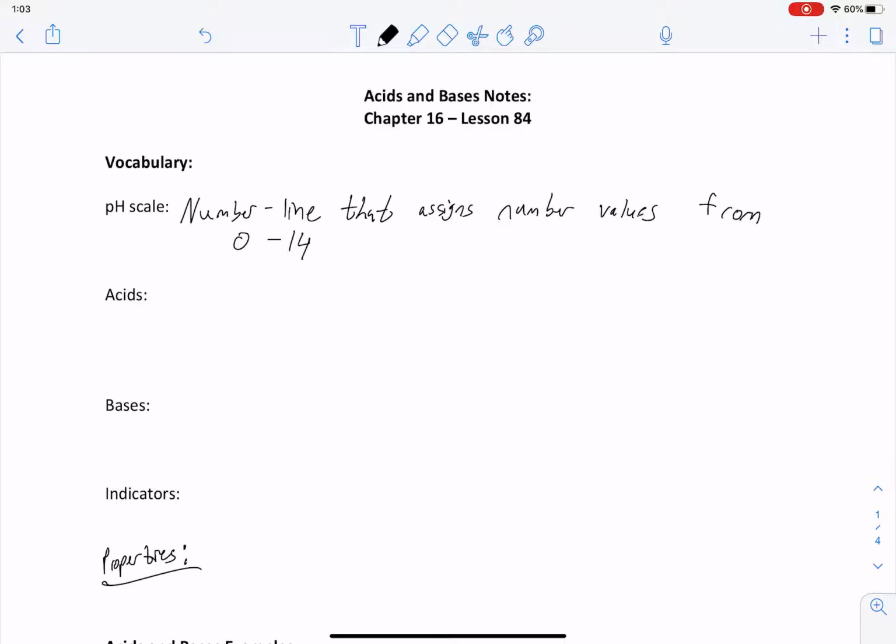Okay, and this is going to indicate whether or not a solution is an acid or a base.